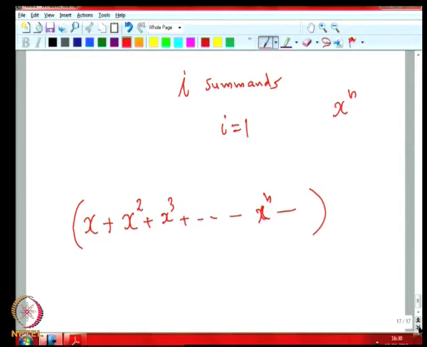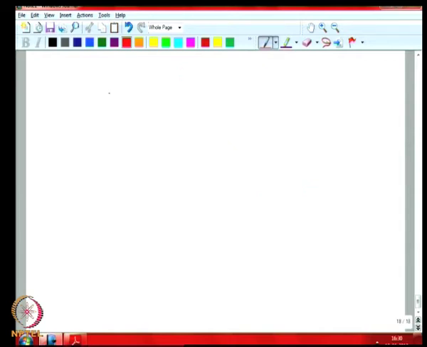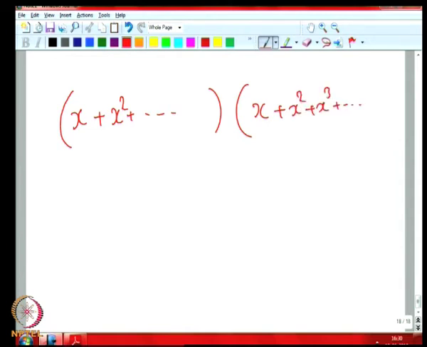Now let us say I am looking for the 2-summand compositions of n. What I can do is create x plus x square plus so on, and then similarly one more term, x plus x square plus x cube plus. Each term corresponds to a summand in the sum. For instance, 4 equal to 2 plus 2 or 4 equal to 3 plus 1.